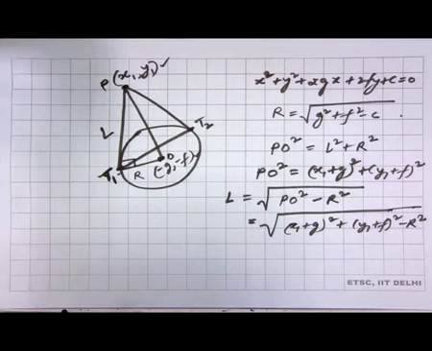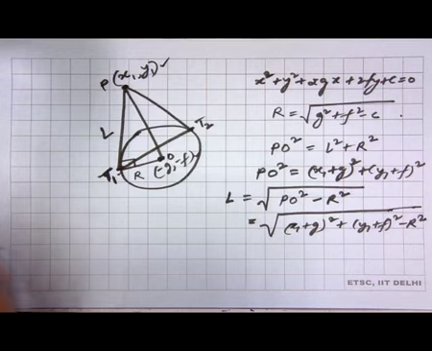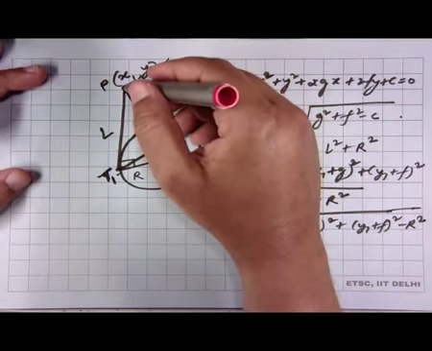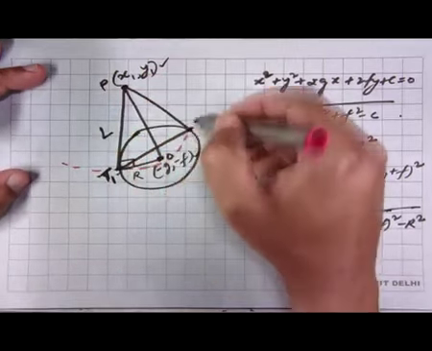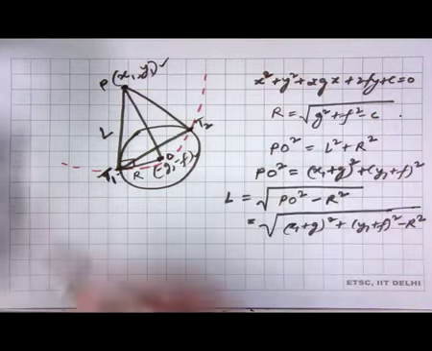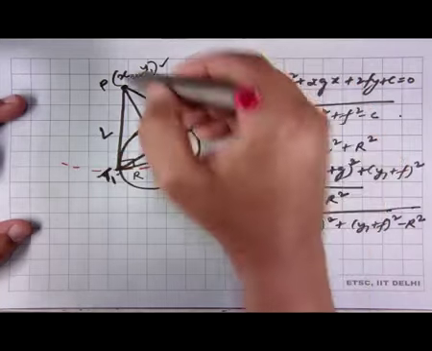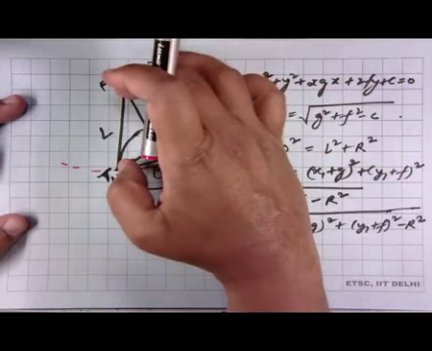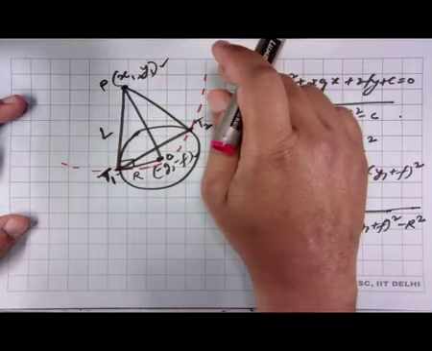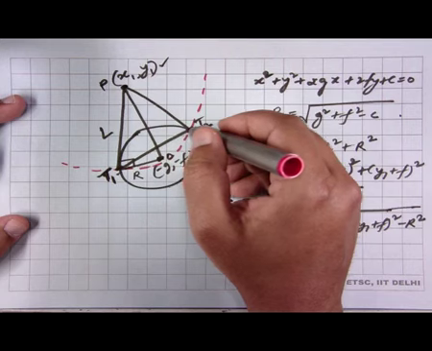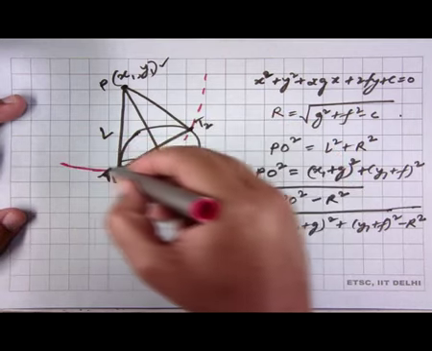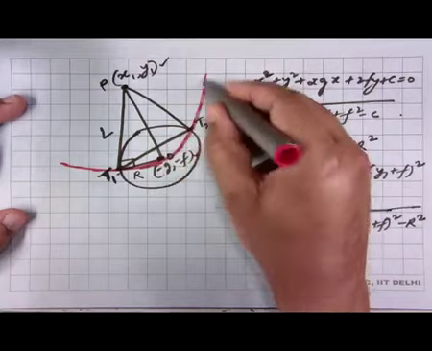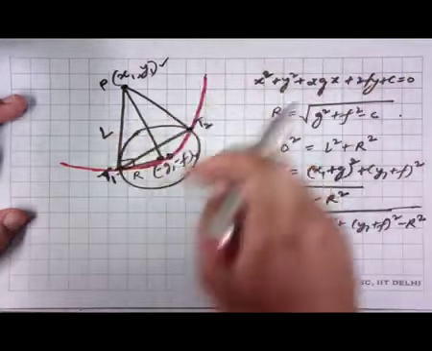Now, consider the circle. Let us consider the circle whose center is at P and having radius equal to L. So, this circle shown in red has center P, radius L. Clearly, this circle passes through T1 and T2, and therefore, it is clear that T1 and T2 are the points of intersection between this red circle and the given circle whose equation is this.